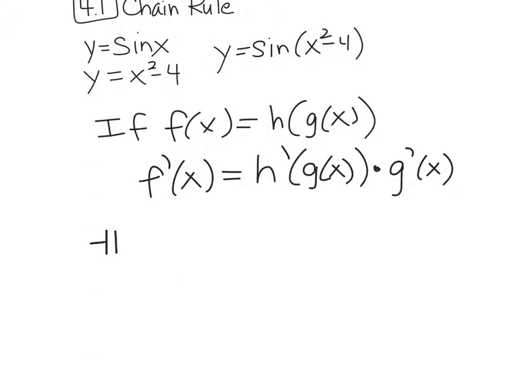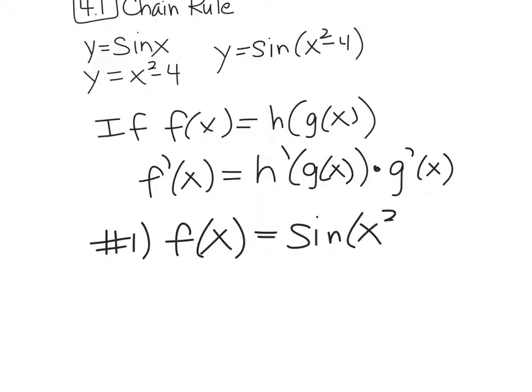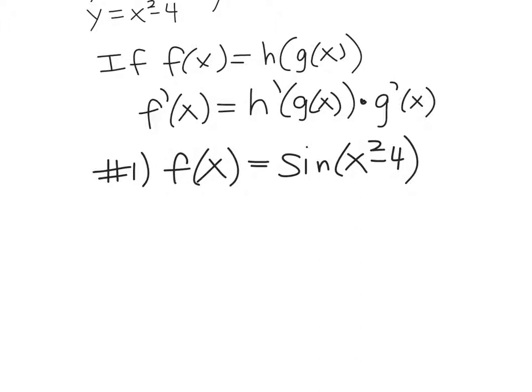Number 1. Let's suppose that f of x is equal to the sine of x squared minus 4. When you stand back and look at this, you can see that there are 2 separate functions going on, right? You have an outer function, which is sine, and an inner function, which is x squared minus 4. So here's how the chain rule works on this problem.